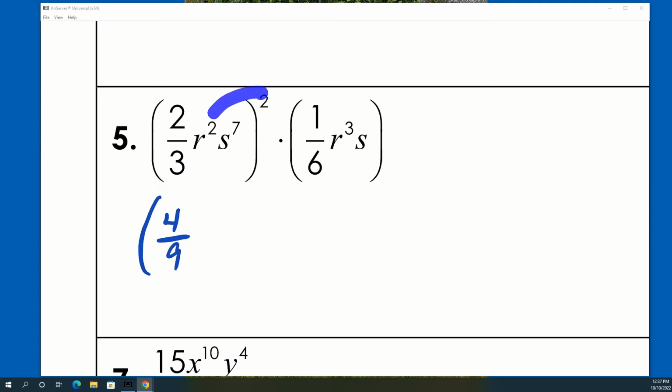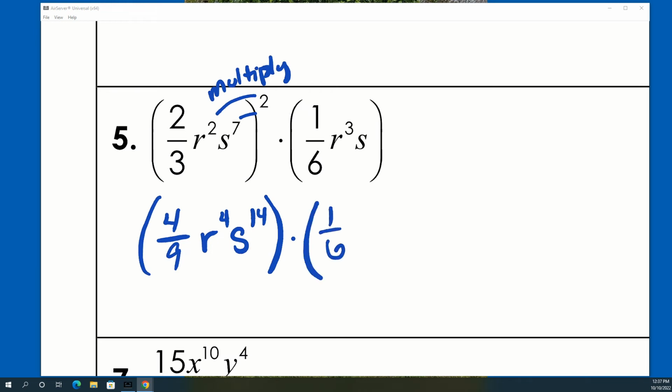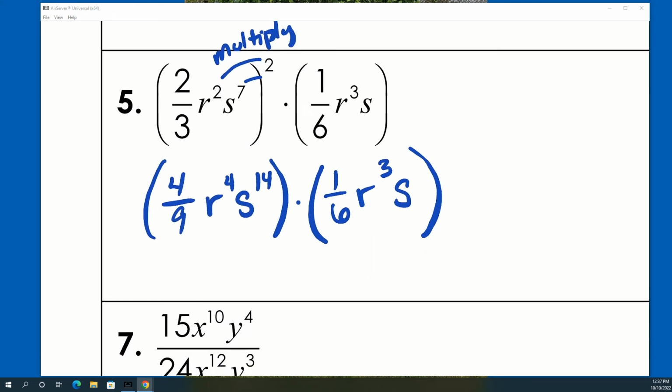And then just like we did on that problem, you're going to multiply the exponents. So r to the fourth, s to the 14th. All right.